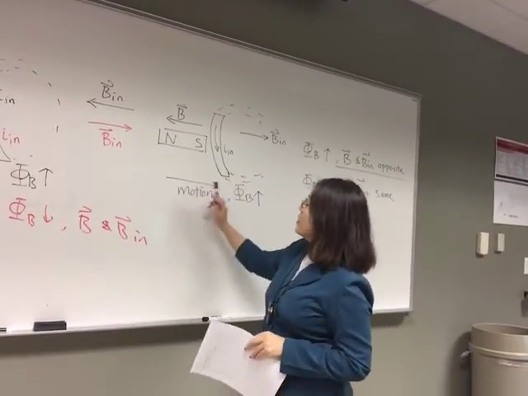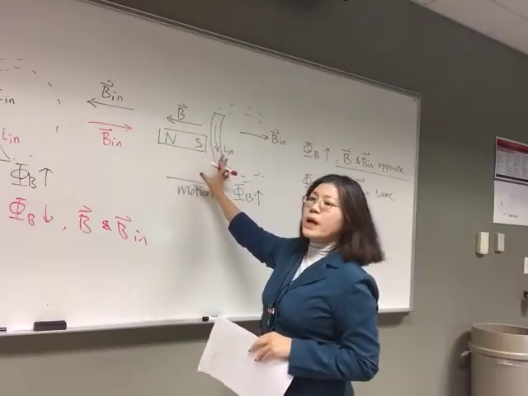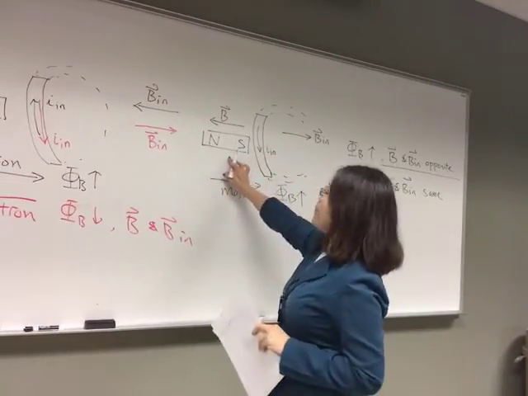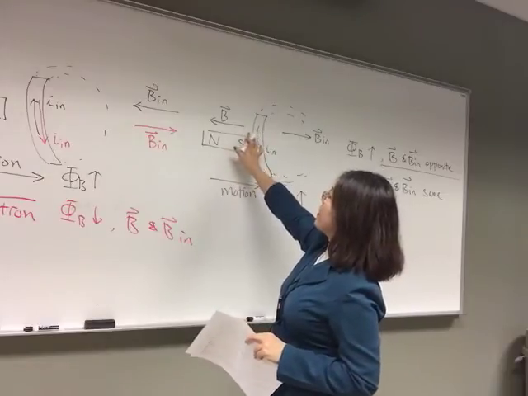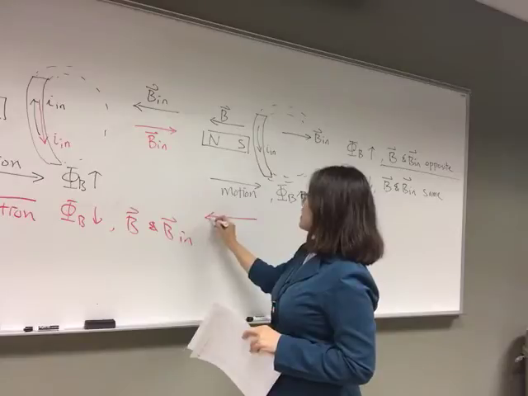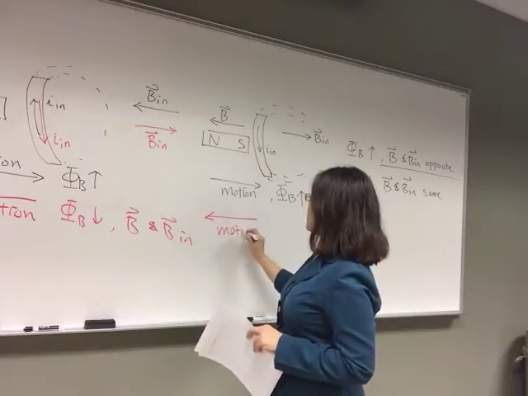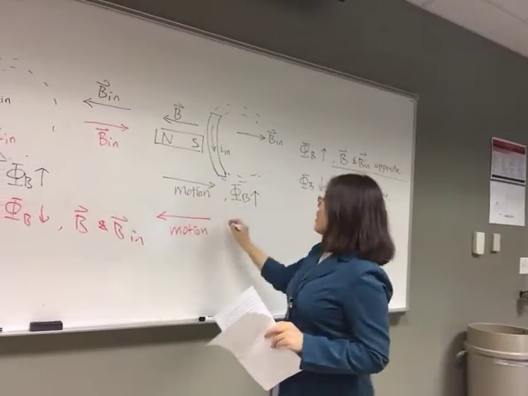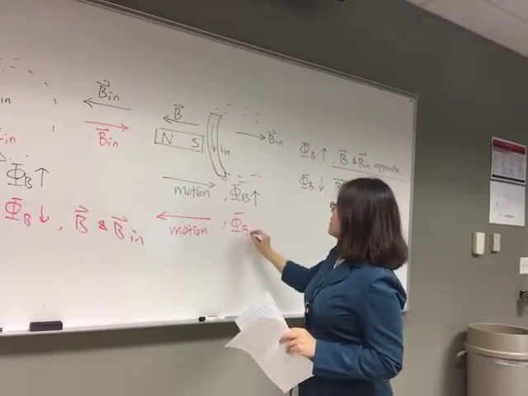Now we can also move this bar magnet away from the current loop. You still have the same bar magnet with the same magnetic field orientation pointing leftward, but now I'm going to move it to the left. This is the direction of my motion. As it moves away, the magnetic flux decreases.